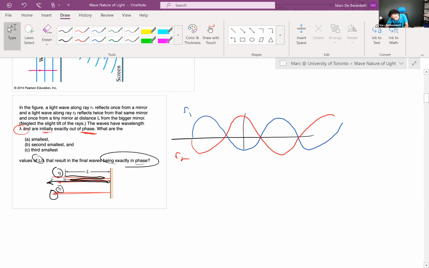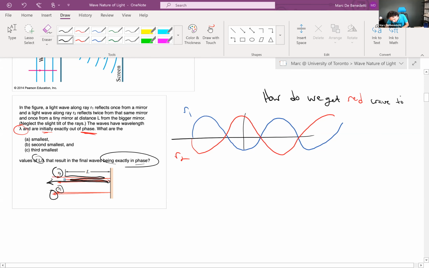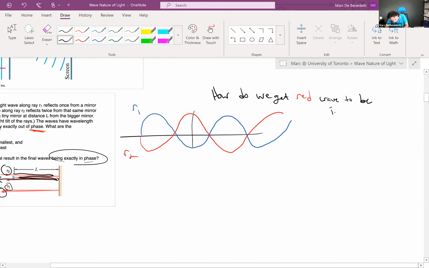So here's the thing. How do we get the red wave, let me draw red in red, how do we get the red wave to be in phase with the blue wave? Well, simply, we shift it.